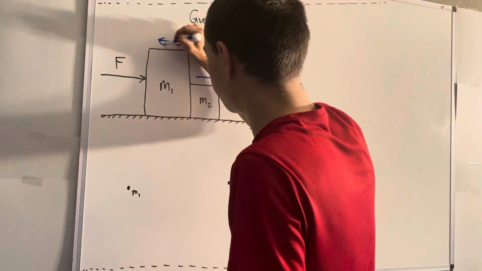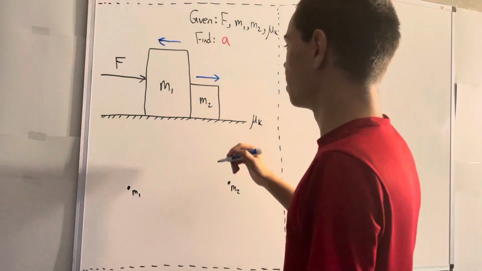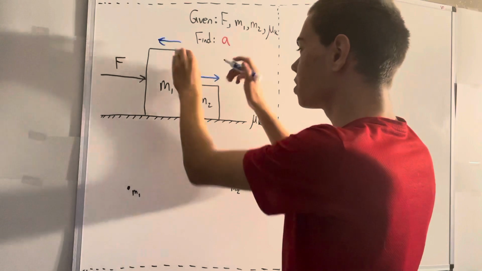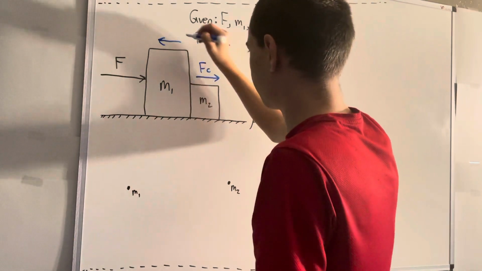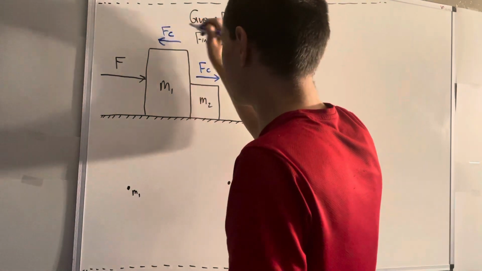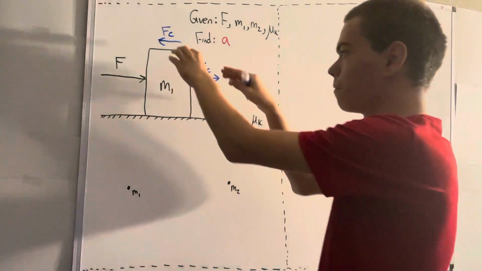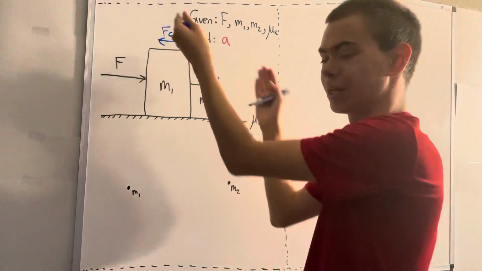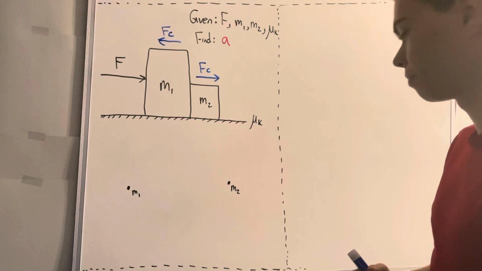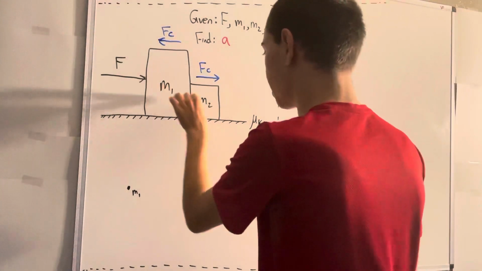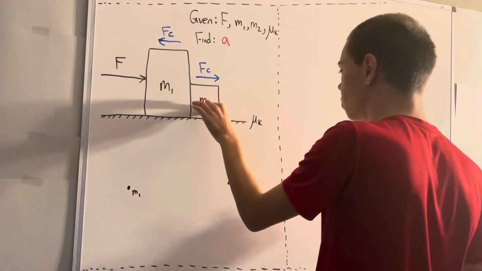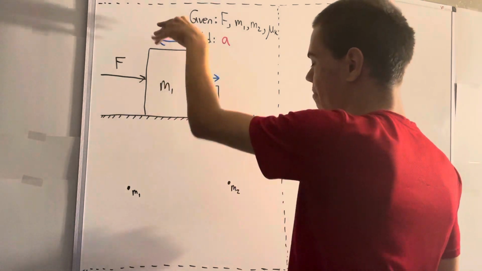This is just a case of Newton's third law. They have the same magnitude of force, so we're going to label them both as F sub c, meaning contact force. Even though they're technically not the same force, they have the same magnitude, so we're just going to label them like that. Block 1 pushes on block 2 with this force, and block 2 pushes back on block 1 with that same magnitude of force.